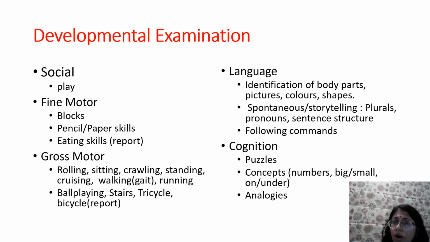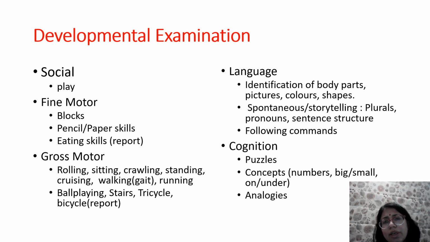Then for testing the cognitive domain, we offer him puzzles, usually in the form of a simple form board, where he is asked to place or insert the geometric shape inside an appropriately cut out shape. So first we offer the round shape and then later other shapes like triangle, square and so on, and we see whether he is able to place or insert these shapes.